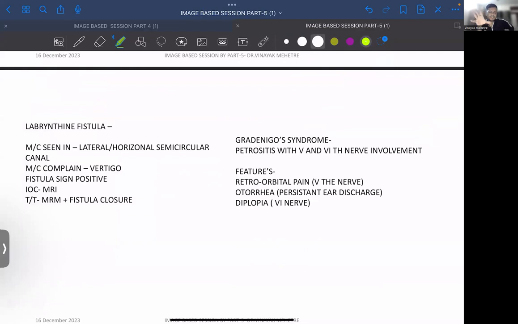Then comes the patient presenting with scanty foul smell, discoloration present on the upper part of the tympanic membrane with vertigo. Patient is having vertigo, so the answer is labyrinthine fistula.